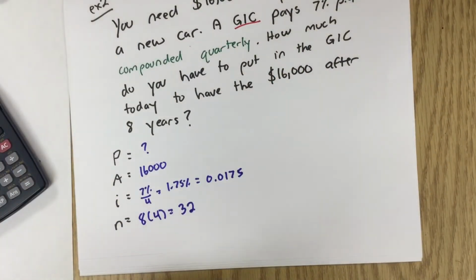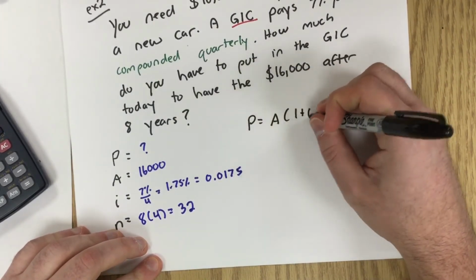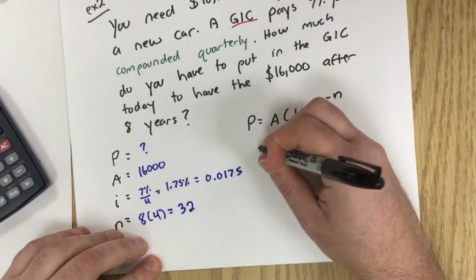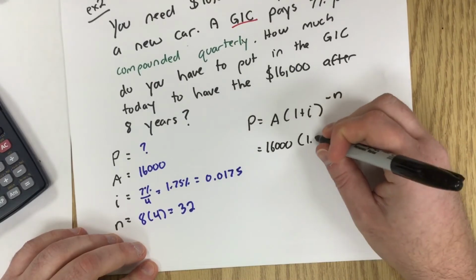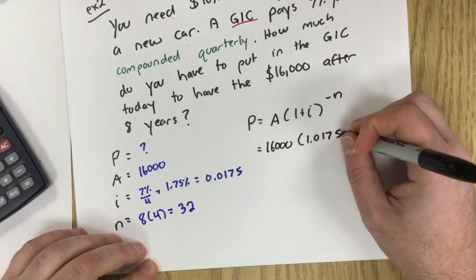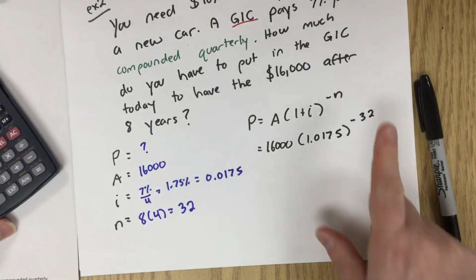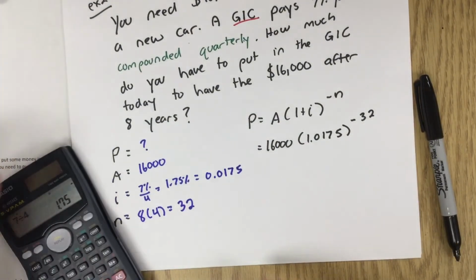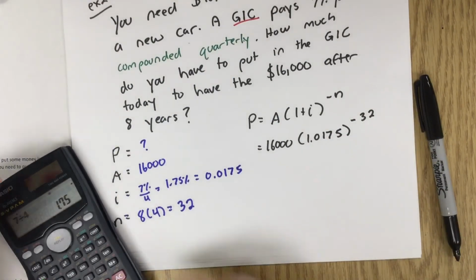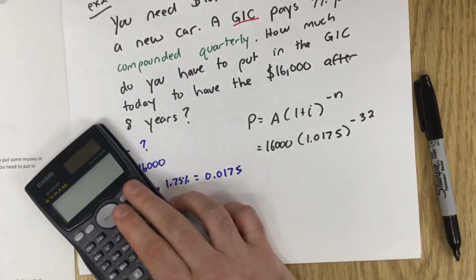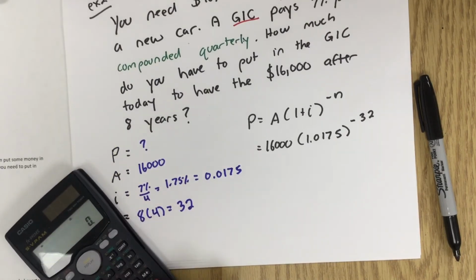So, putting it together, P equals A times 1 plus i to the minus n, and that's going to be equal to 16,000 times 1.0175 to the power of negative 32. Note, here I was able to be exact, but when you have big exponents, either keep the fraction and keep all the decimals, or keep a lot of decimals, because rounding there is not necessarily the way to go.